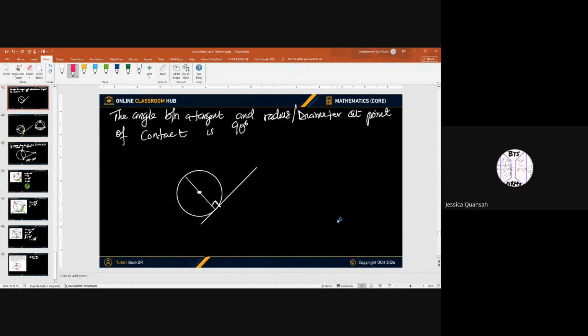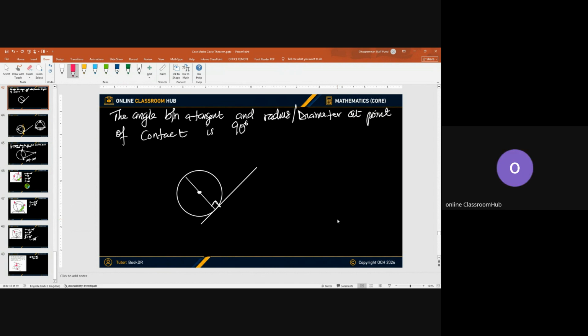The angle between a tangent and a radius or diameter at a point of contact is equal to 90 degrees. Okay, and then you have seen the diagram. I hope you have seen the diagram for that definition.